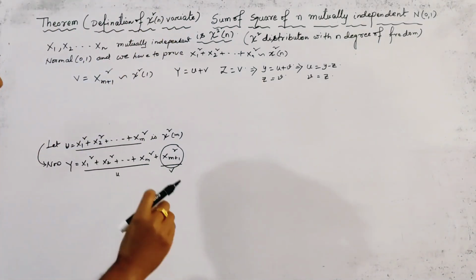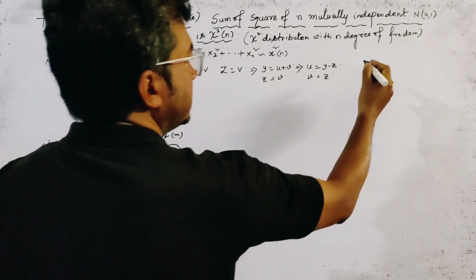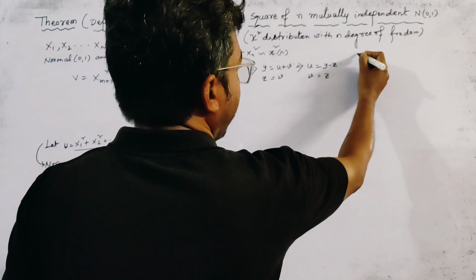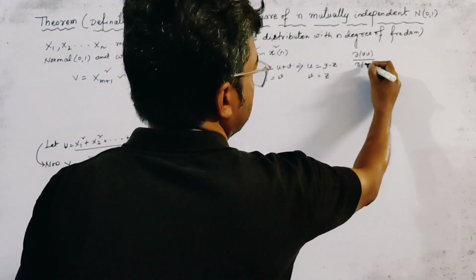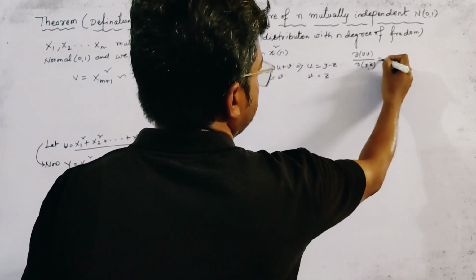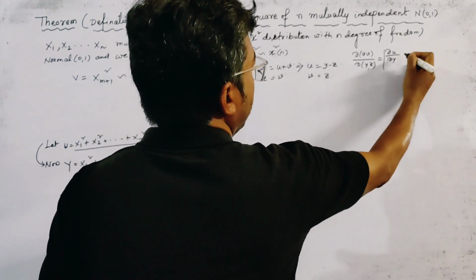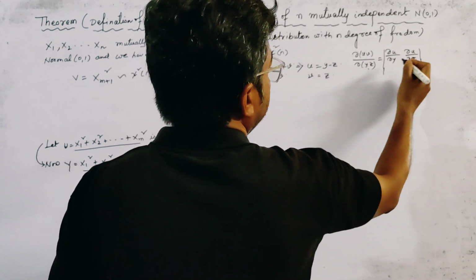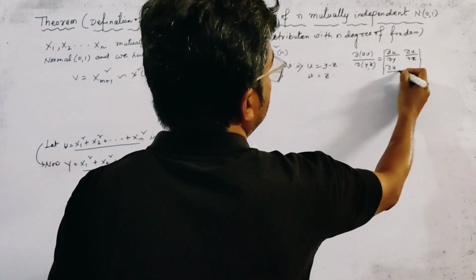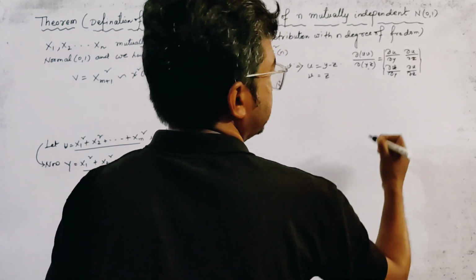Now we first find out the Jacobian of the transformation. What is the Jacobian of the transformation? We first find the Jacobian as del(u,v) by del(y,z). Okay, and this is the determinant with first row del u by del y, del u by del z, and the second row del v by del y, del v by del z.